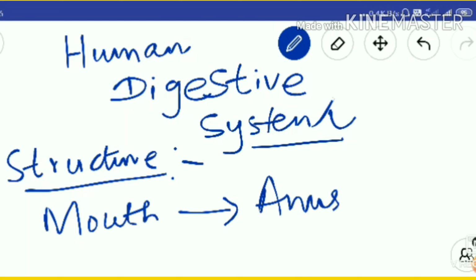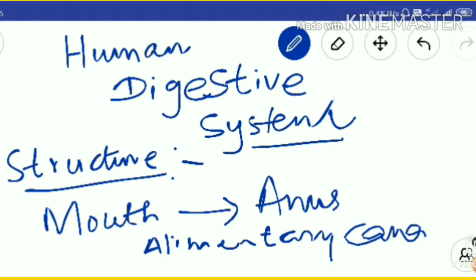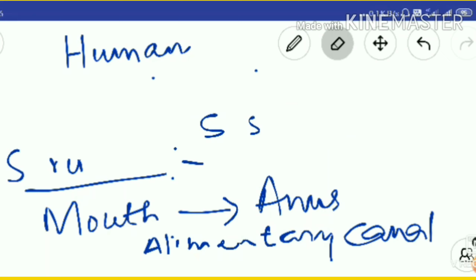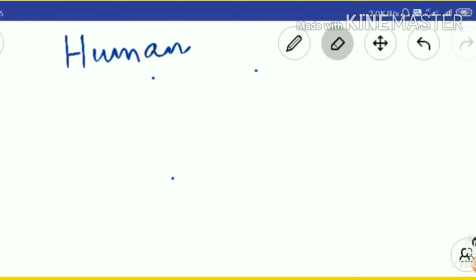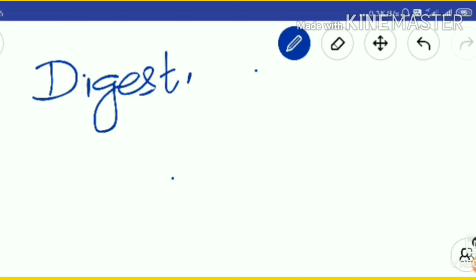So the structure that starts from the mouth to the anus is known as the alimentary canal, or we can say digestive tract. Alimentary canal or digestive tract.